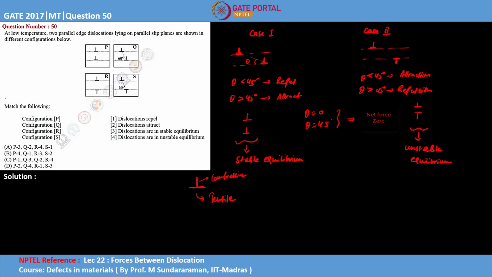So if such a configuration is arising, the compressive stress is compensated by the tensile stress above this slip plane. Compressive and tensile make this equilibrium position stable. But in this case, it is compressive here and compressive above this also, so it will not be in stable equilibrium. They are in equilibrium, but such a configuration will be in unstable equilibrium.